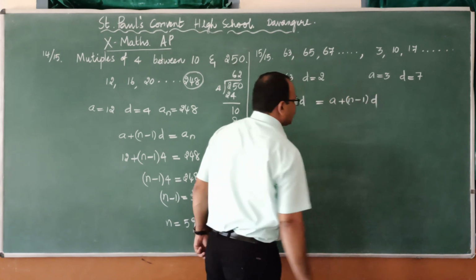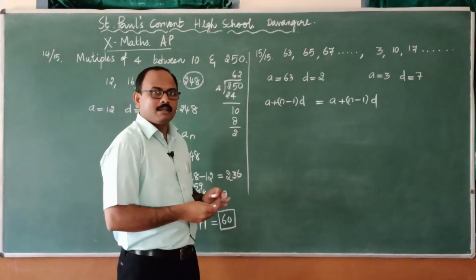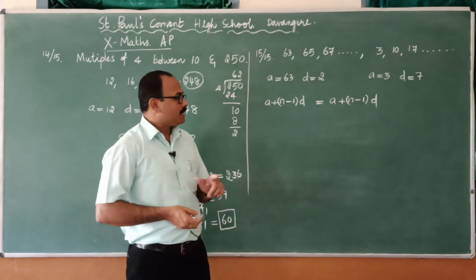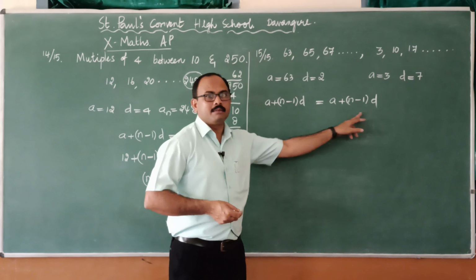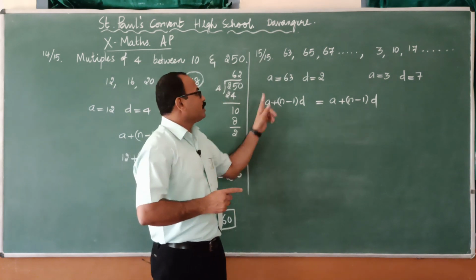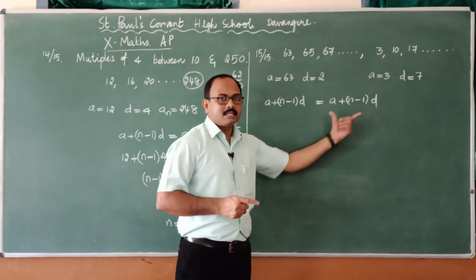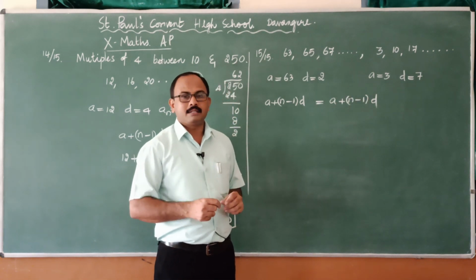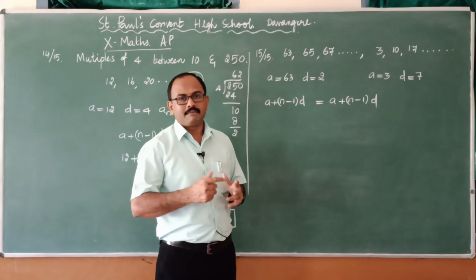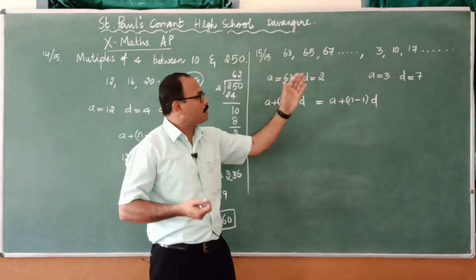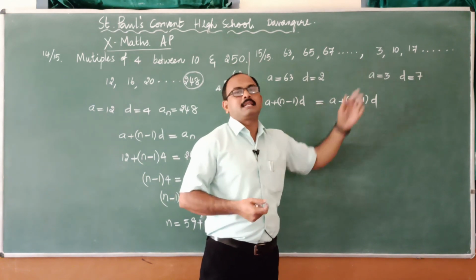Let's substitute these values. We'll be getting the value of n. So, in this, the only unknown term is n, children. We know a and d, n we do not know. Suppose if our answer is 15, then we say that the 15th term of this AP will be equal to the 15th term of this AP.